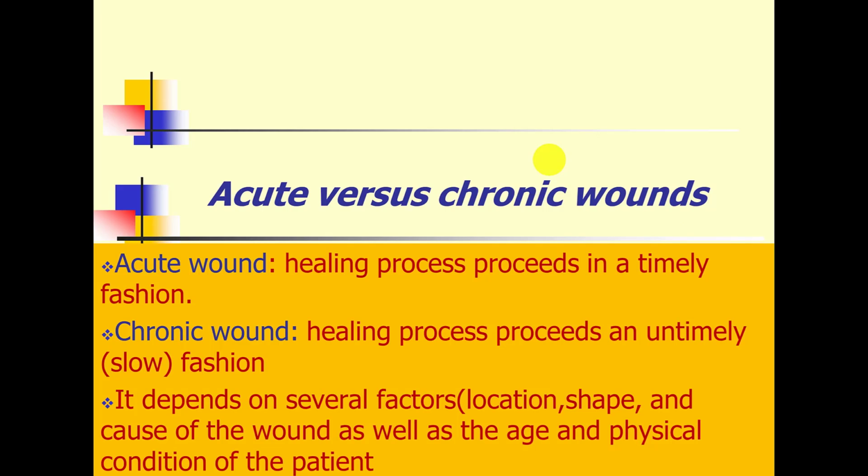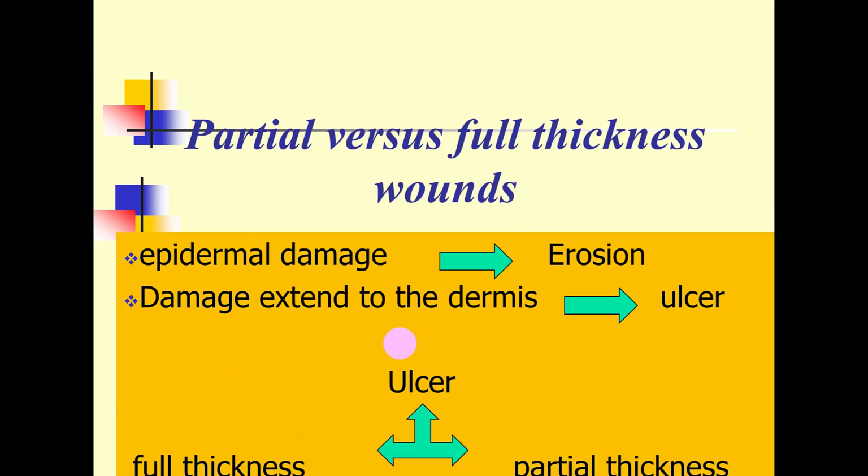A chronic wound is when the healing process is not finished within this period, so it is slow and the disruption of the epithelium remains. So it depends on the healing process and the time of healing, and a chronic wound means development of ulcerations, which depends on many factors responsible for that.